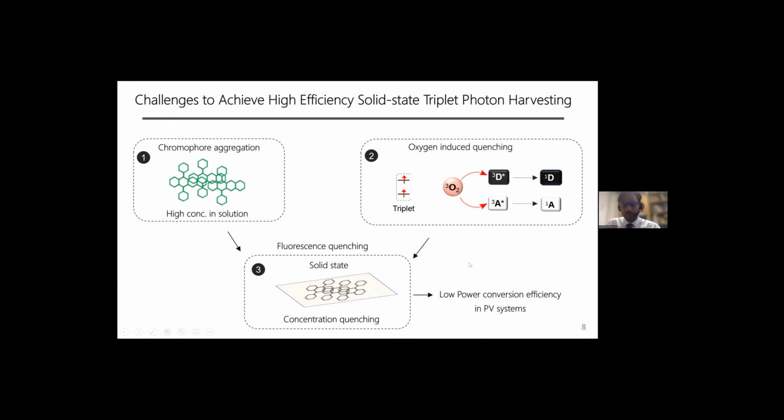So molecular oxygen is also a major challenge. We always need to prepare systems which are deoxygenated or in the absence of air. That adds additional cost to the overall economy of the process. So we need to develop systems which function in the presence of air and which are efficient as well.